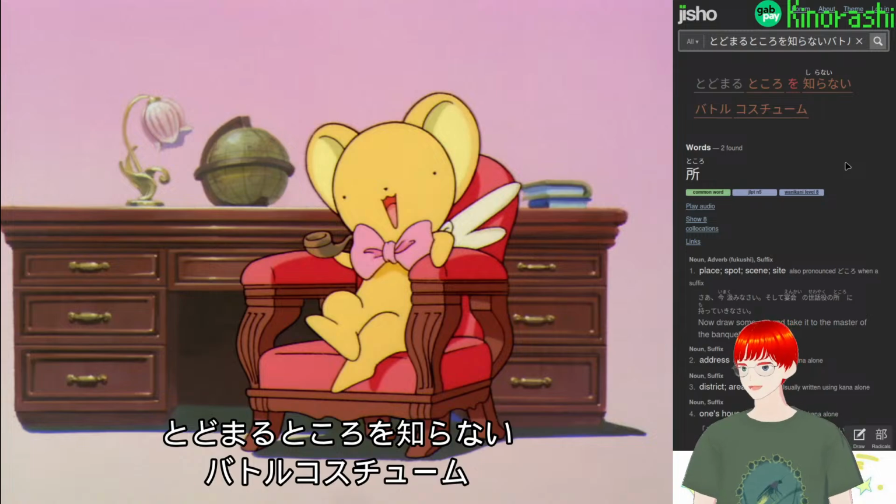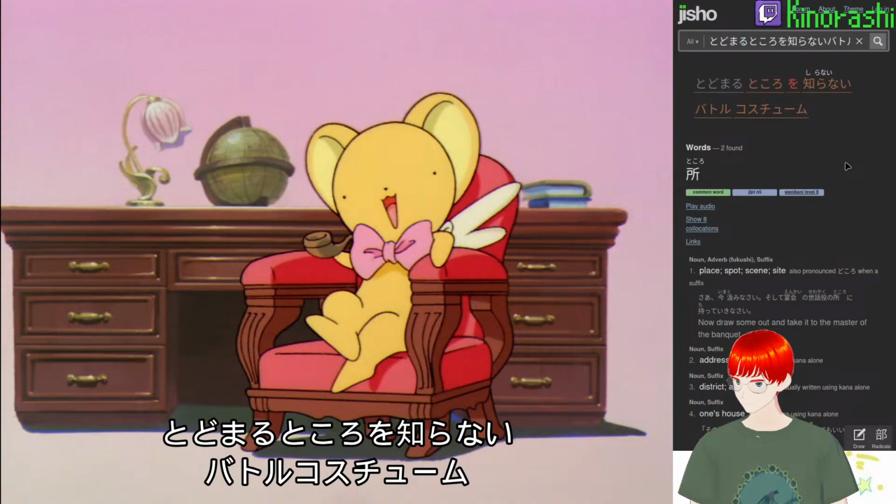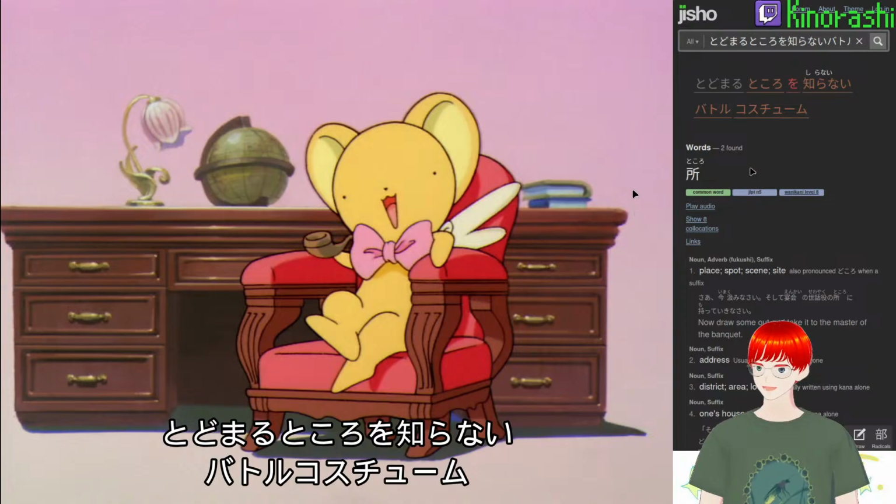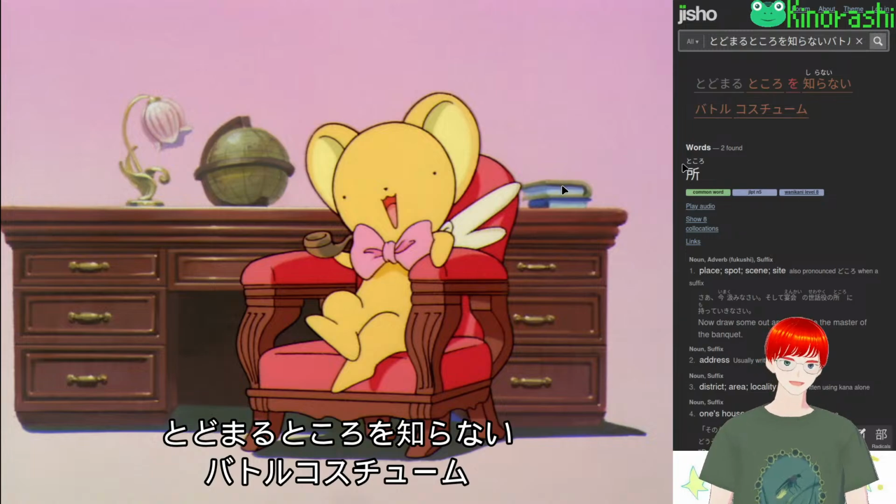So ikoka becomes ikoka. Also, okay, so, see tokoro. So battle costumes that know no bounds.